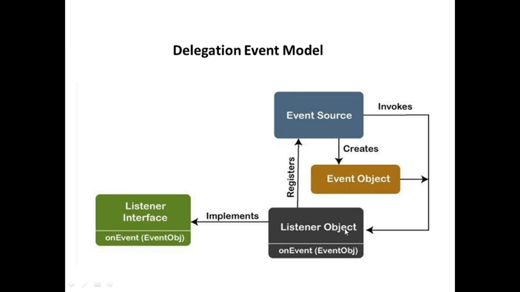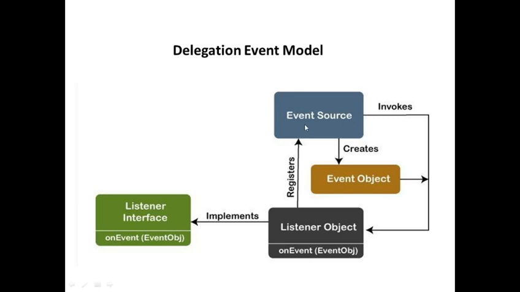So the listener object will implement the logic for events, and the listener objects will implement the logic of the event handling methods. The listener object is used to handle the events generated by the event source, and this registration belongs directly to the event source.